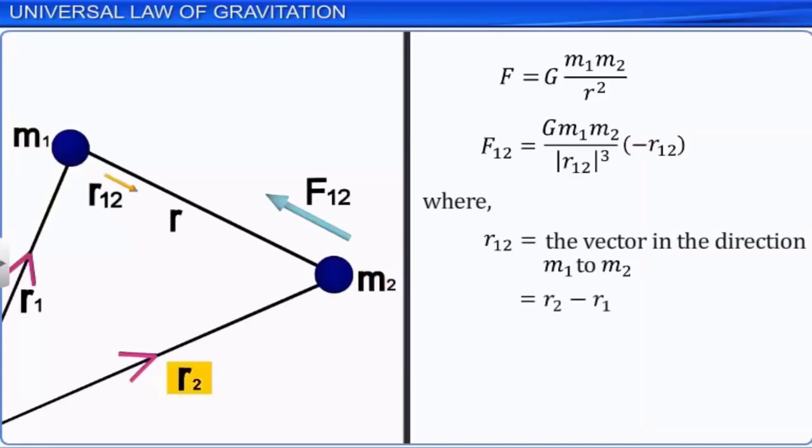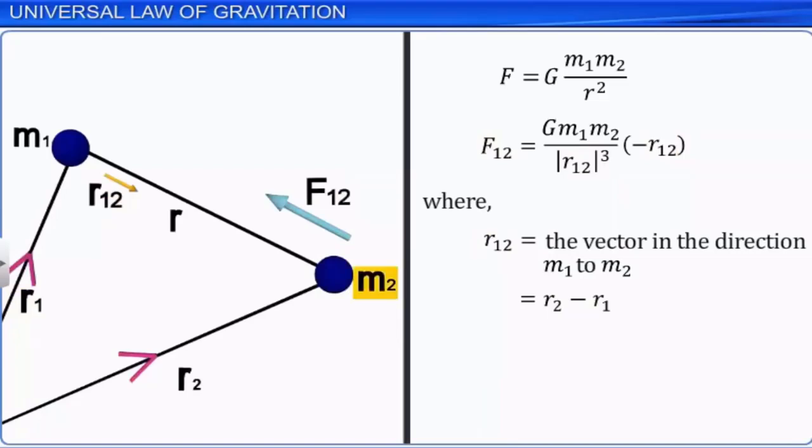In the given expression, we use bold letters to represent the vectors. The negative sign indicates that the force is an attractive force and acts in the direction of minus r12, which is m2 to m1.